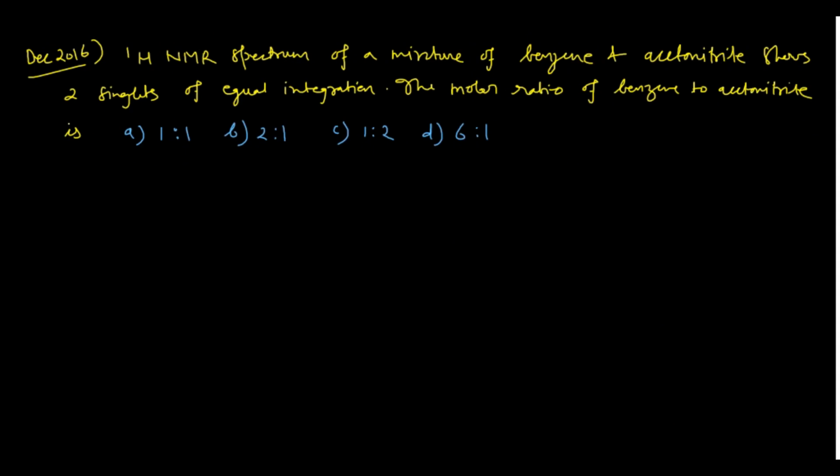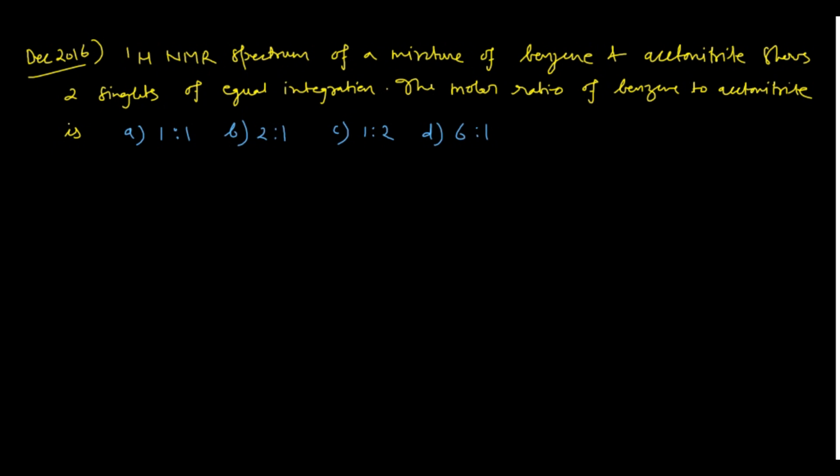Okay, now my next problem says that the proton NMR spectrum of a mixture of benzene and acetonitrile shows two singlets of equal integration; what is the molar ratio? See, I have solved this kind of problem in the 2014 or 15 examination.